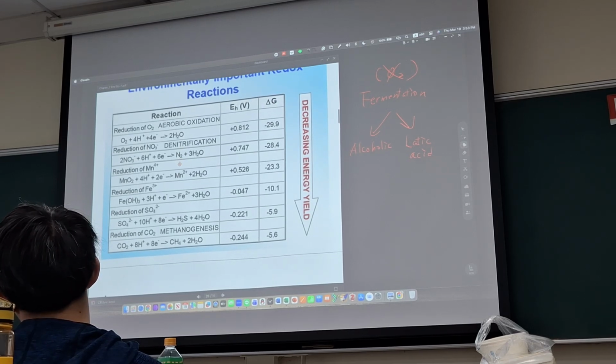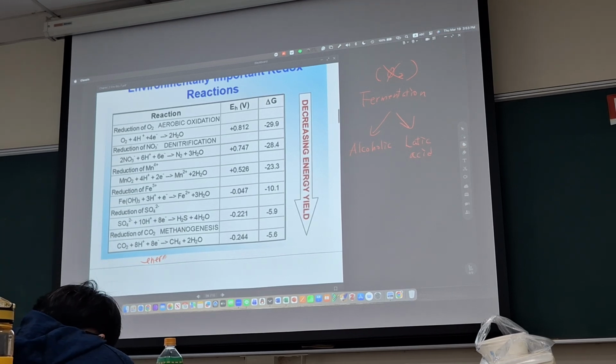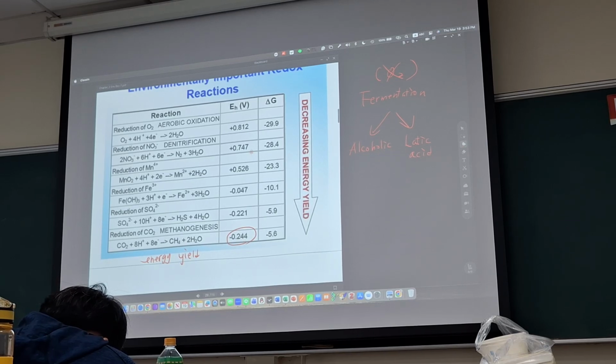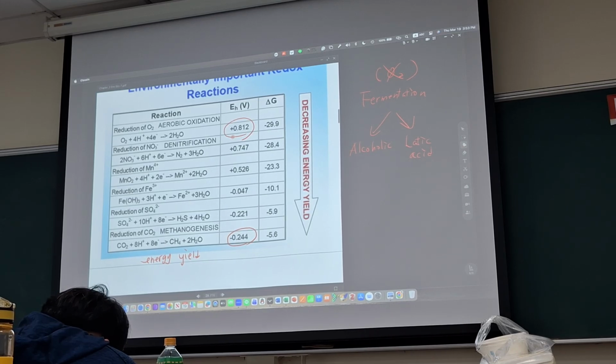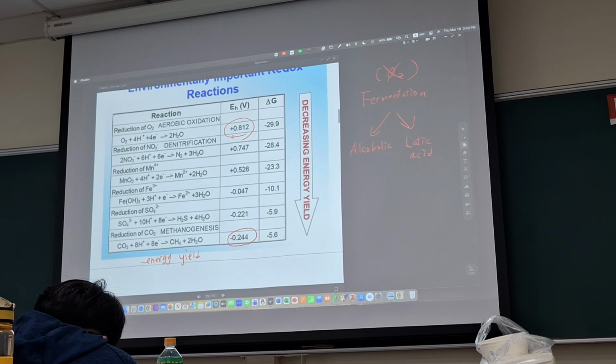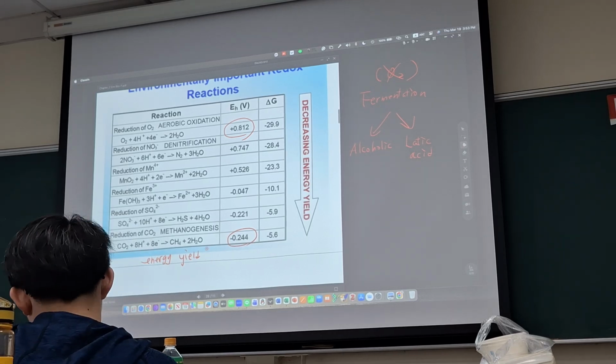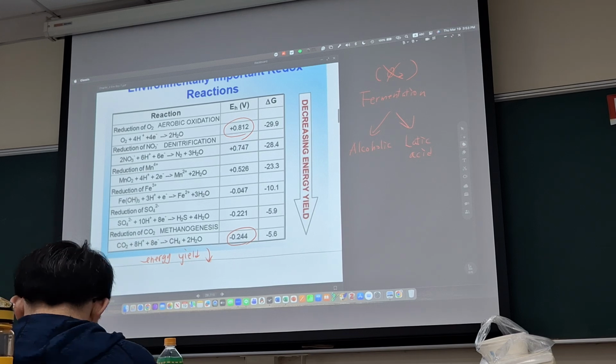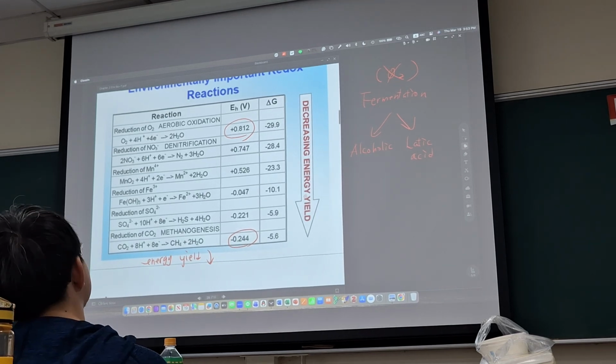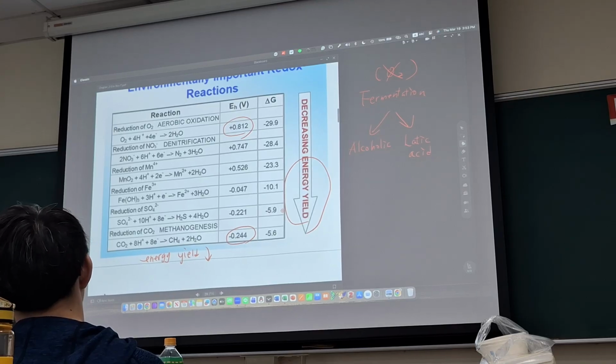And from this table, the conclusion is the energy yield starts from plus 0.812, down to negative 0.244. So the conclusion is the energy yield decreases.